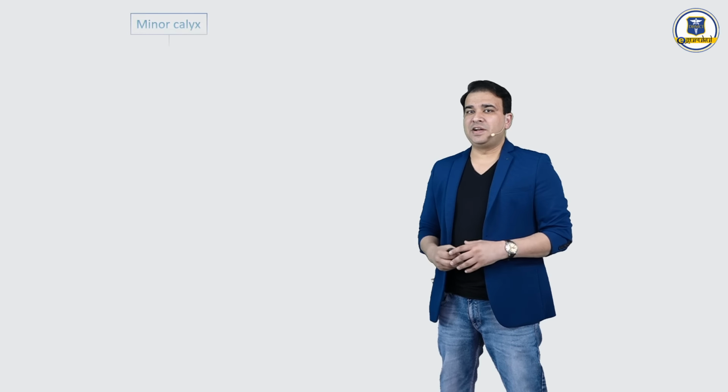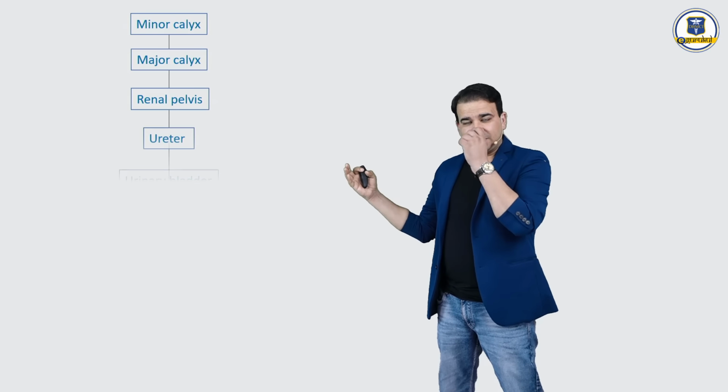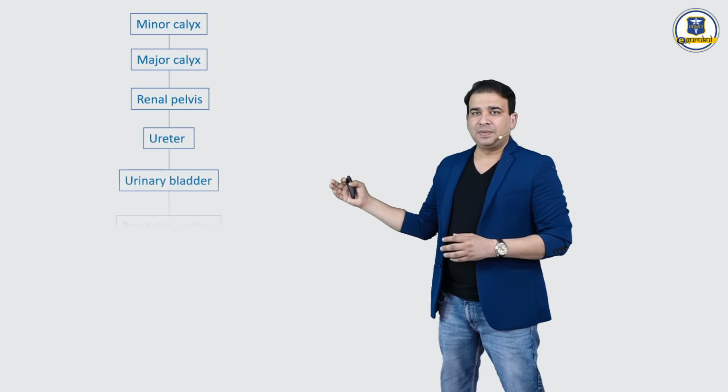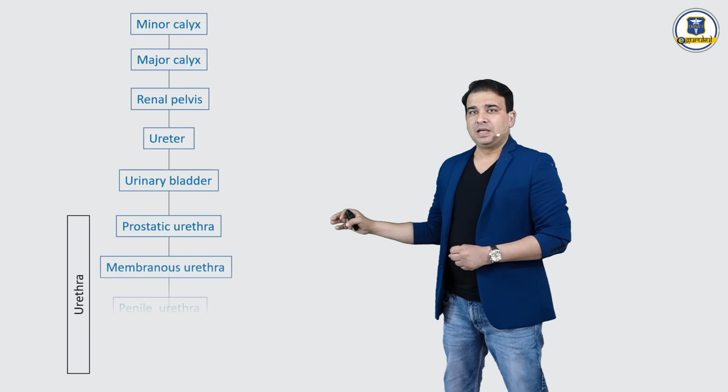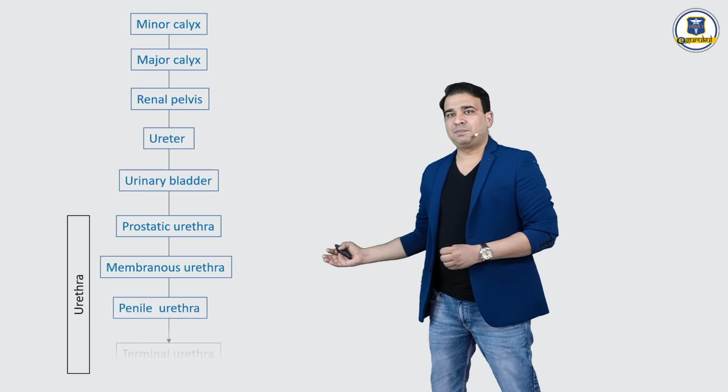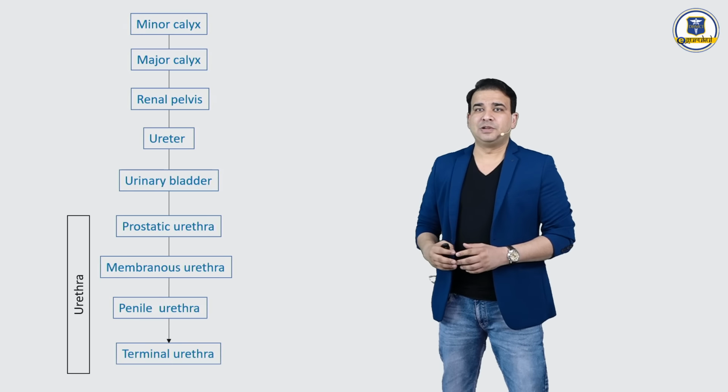Now the rest of the urinary tract passage, which consists of the minor calyx, the major calyx, the renal papillae, then the ureter, the urinary bladder, and even the proximal part of the urethra, that is the prostatic urethra, and then we have the membranous urethra, penile urethra, and then the terminal urethra.